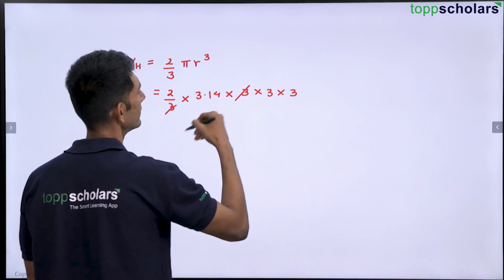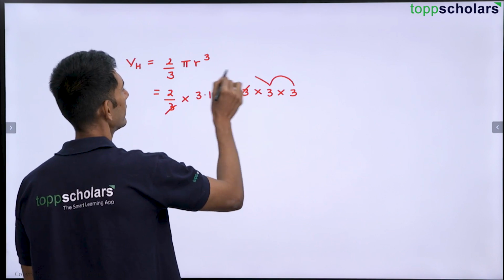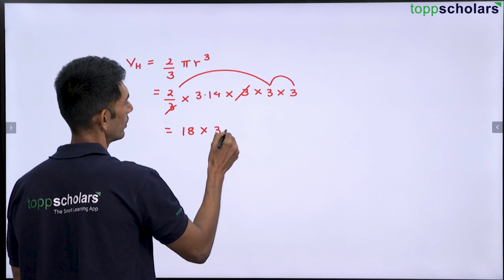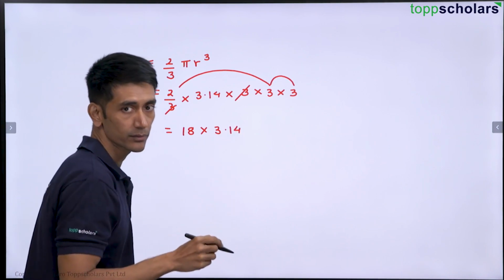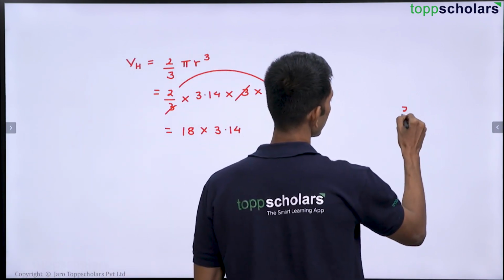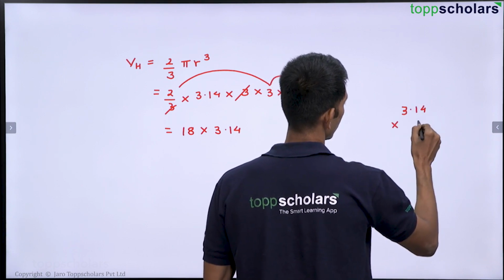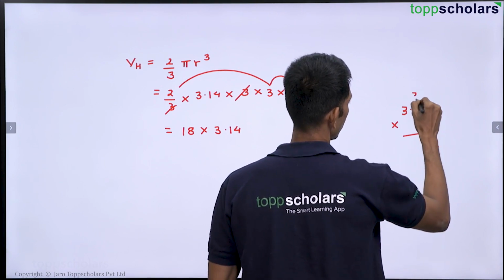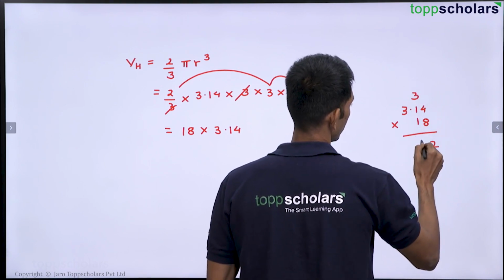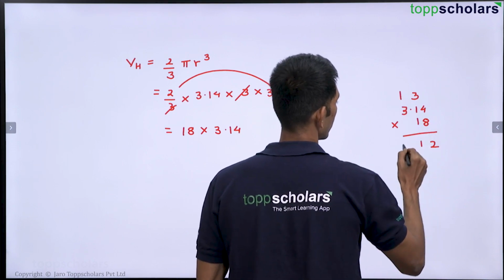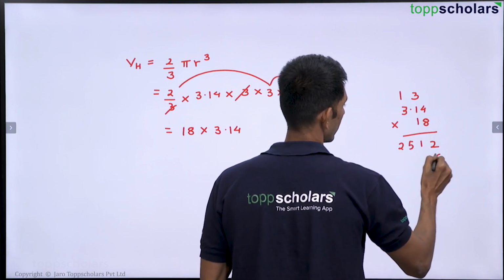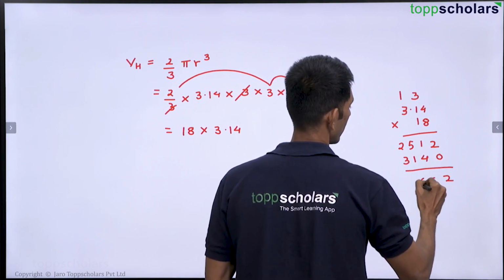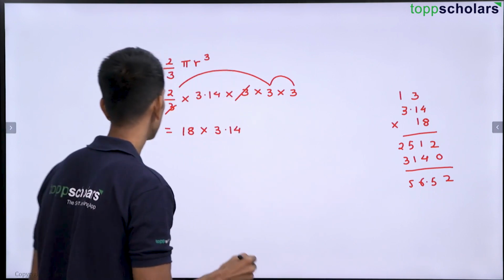This gets cancelled. 3 3s are 9, 9 twos are 18, right? So 18 into 3.14. That is 56.52.